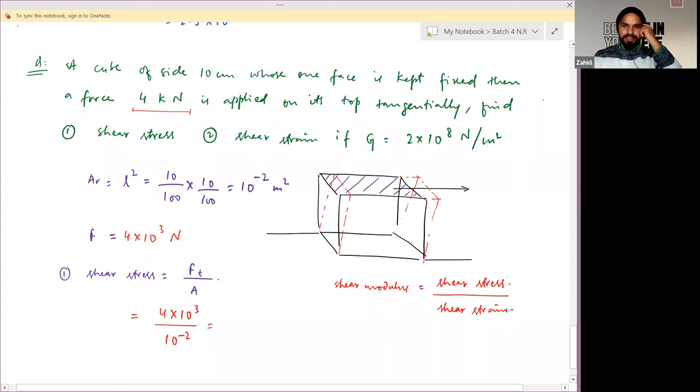And we have already 10 to the power plus 3. So 10 to the power plus 3, 10 to the power plus 2, it will be 10 to the power plus 5. So 4 into 10 to the power 5 Newton per meter squared. So this will be your amount of shear stress due to this.